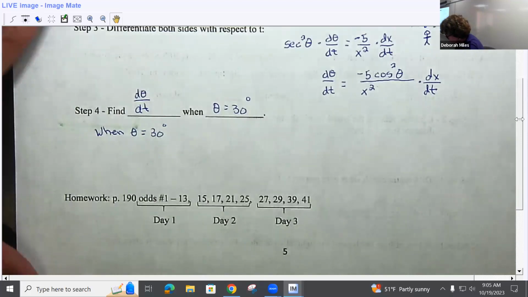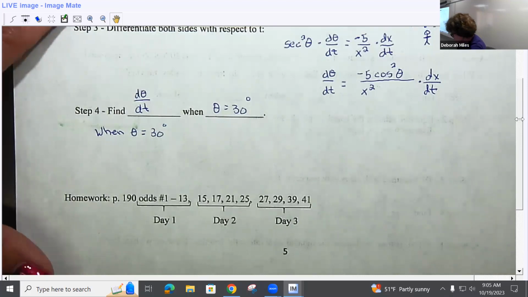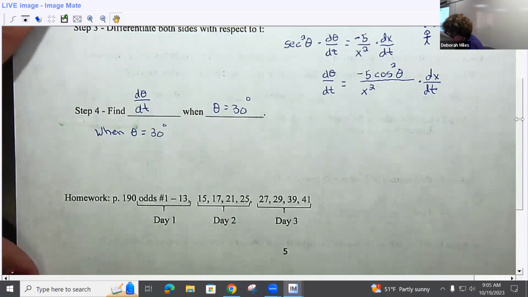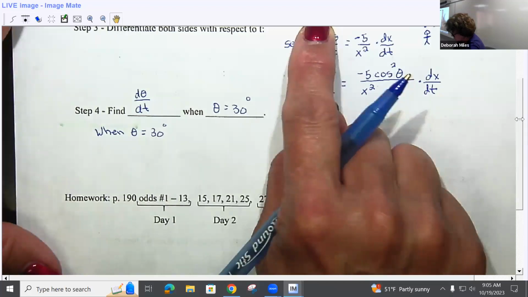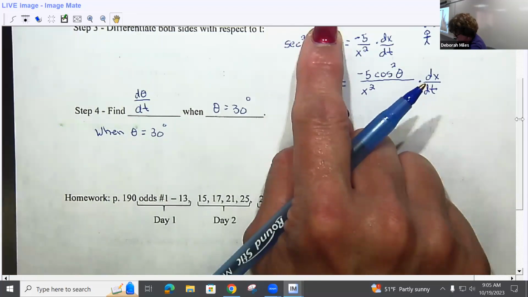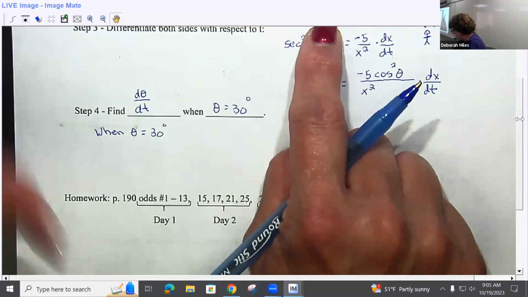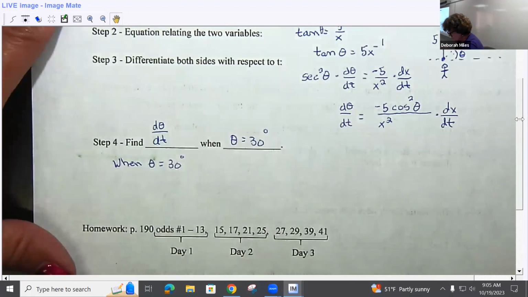Plug in the 30 for theta in the original equation, the tangent of 30 equals 5 over x. That's a perfectly good way to do it, 100% fine.